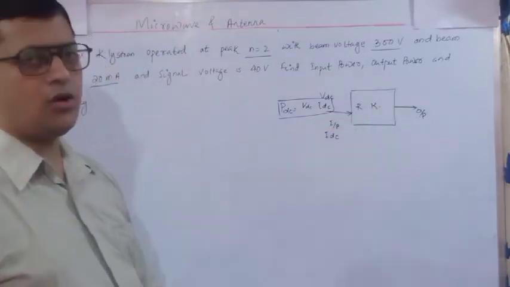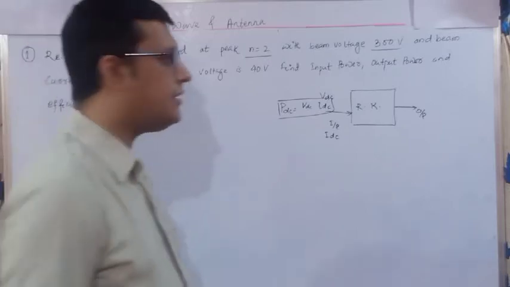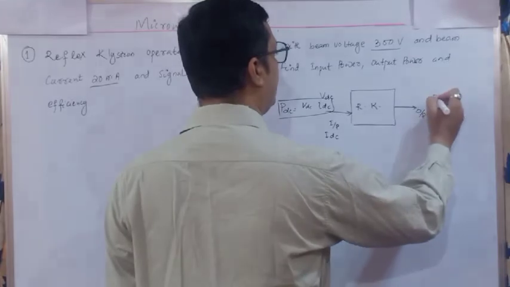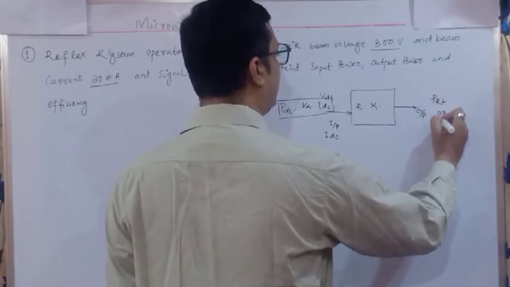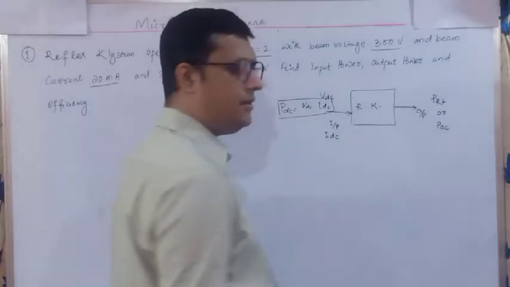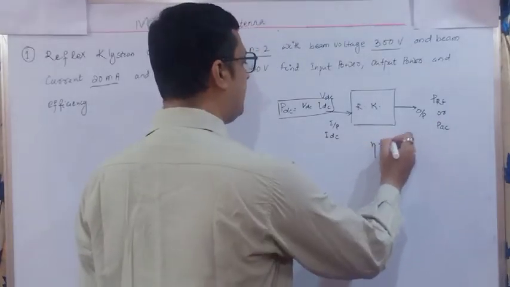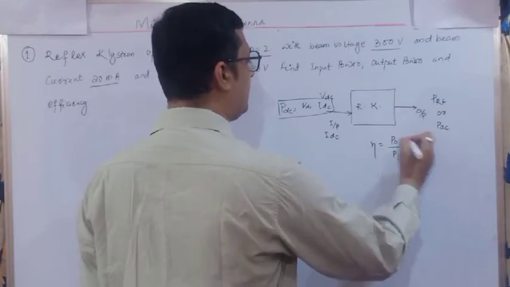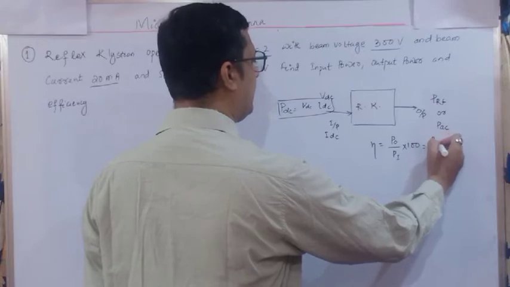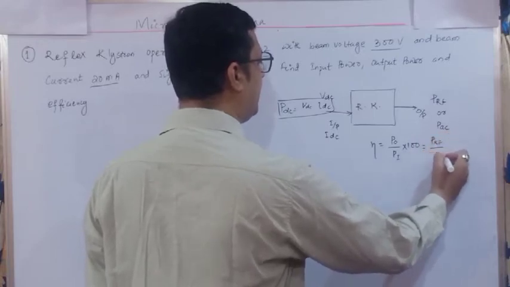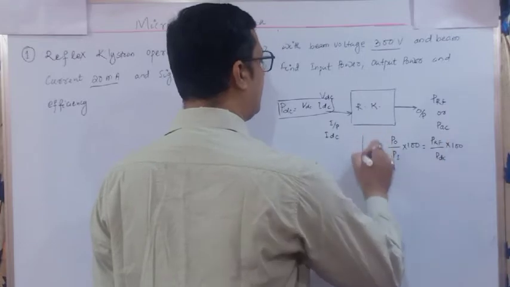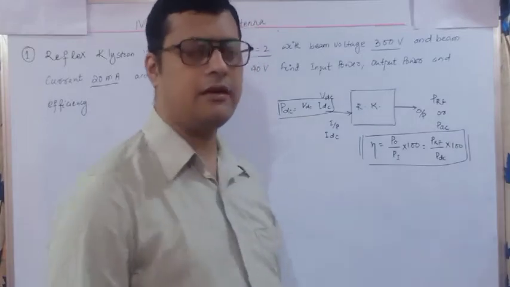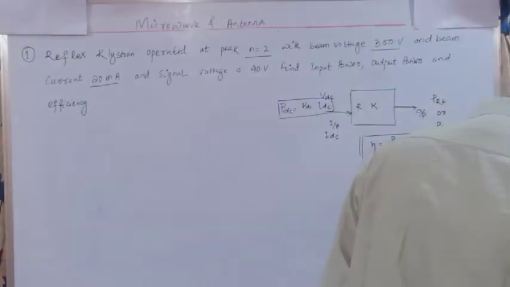And what are we getting at the output? We are getting an RF potential and current as output. So the output I will determine is P RF, or you can say P AC. Now efficiency is output power by input power into 100, that is, RF output power divided by P DC into 100. So these are the three calculations we have to make for the given question. Step by step we will see.